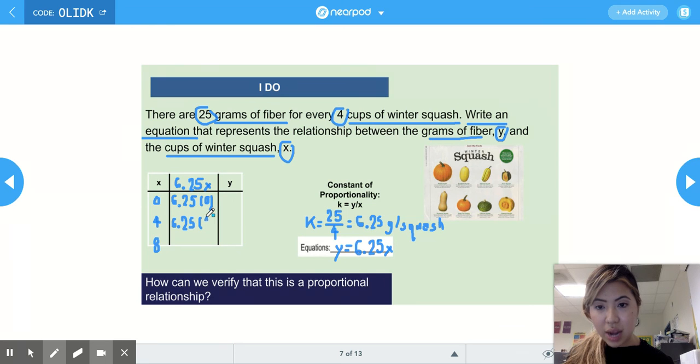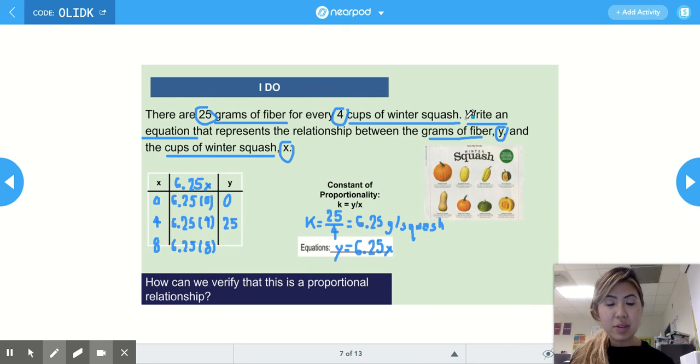And lastly, when x is 8, we're multiplying 6.25 by 8. 6.25 times 0 is 0. 6.25 times 4 is 25, which goes back to our sentence for this problem, that there's 25 grams of fiber for every 4 cups of winter squash. And lastly, 6.25 times 8 is 50.